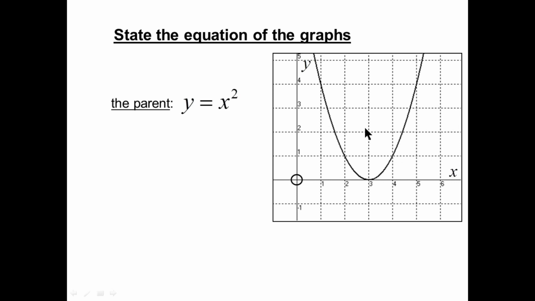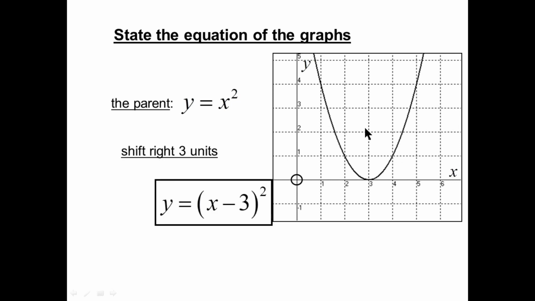And we've learned that that means put a minus sign at the input station. Shift to the right 3 units, put brackets around the x, and put x minus 3. From our note at the beginning of this video, if there's an x minus d at the input station, it shifts to the right by d units.